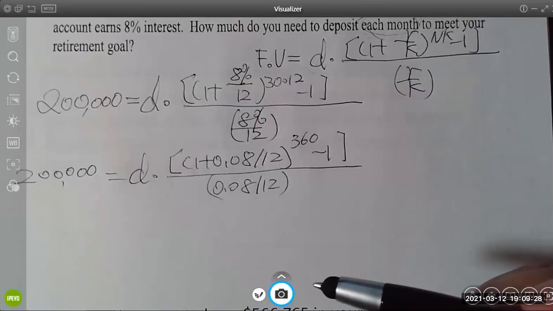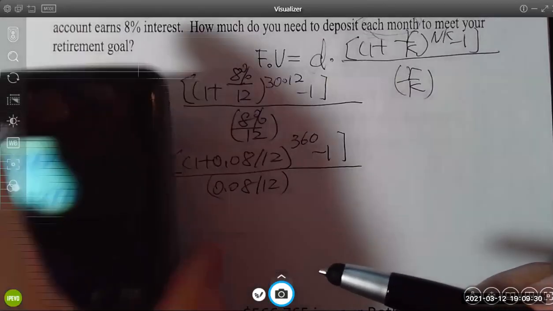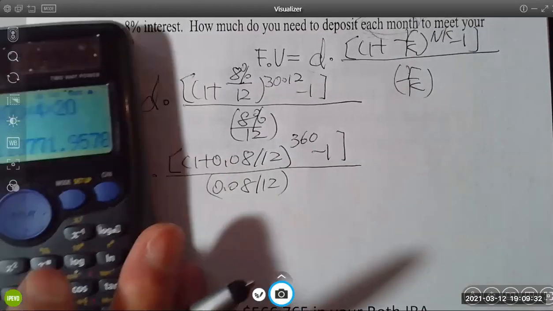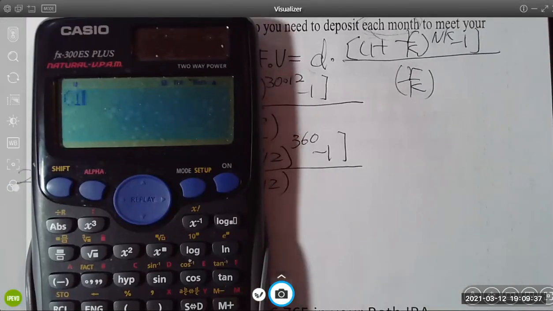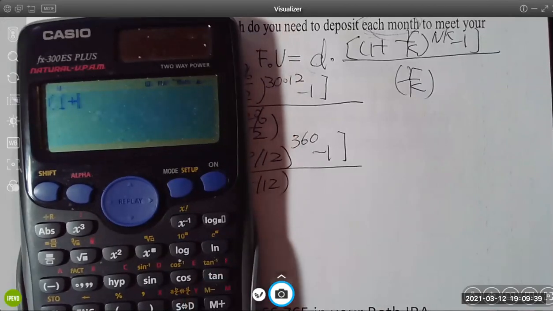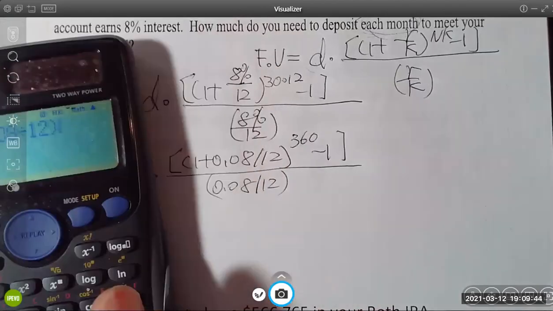So let's do that. So this time I have to write down this number. Let's see how I keep the decimal digit. 1 plus 0.08 over 12. Is that right? Make sure that's right.